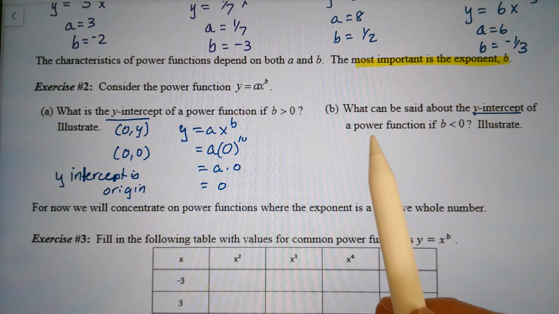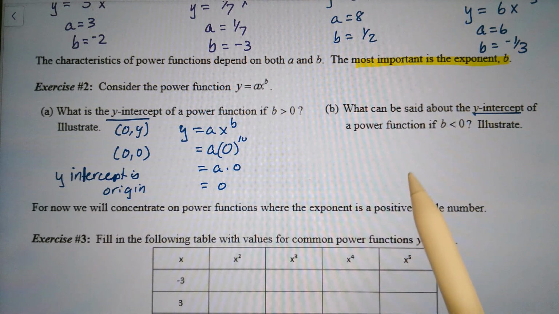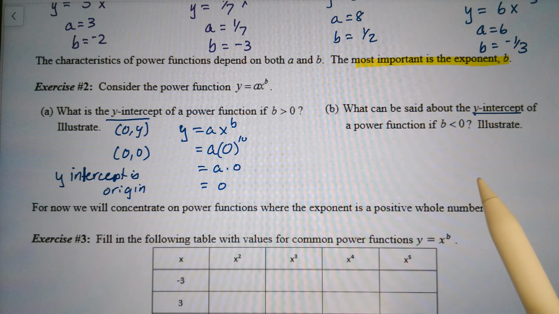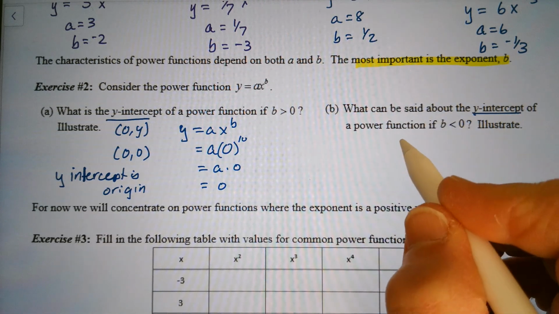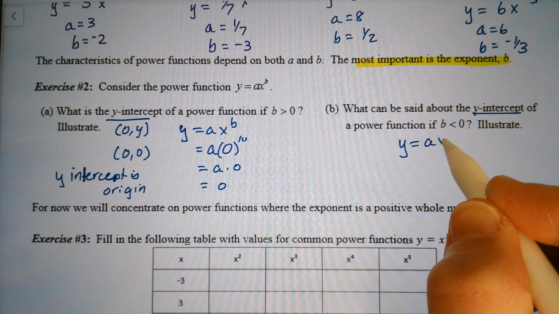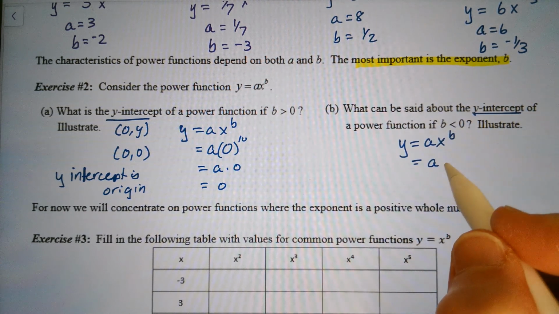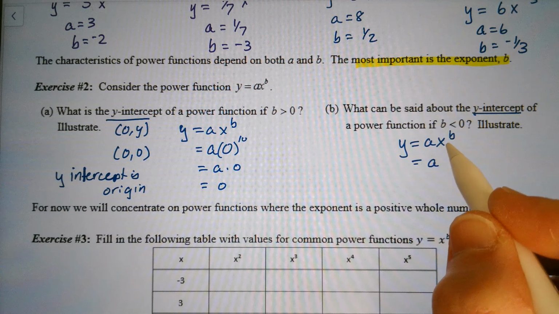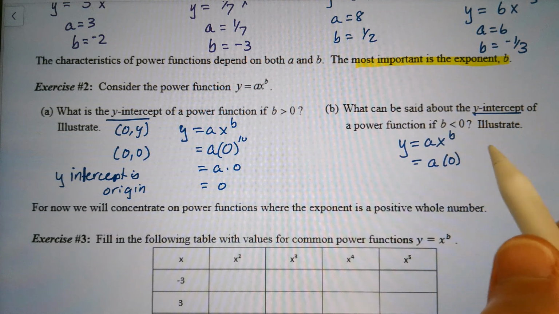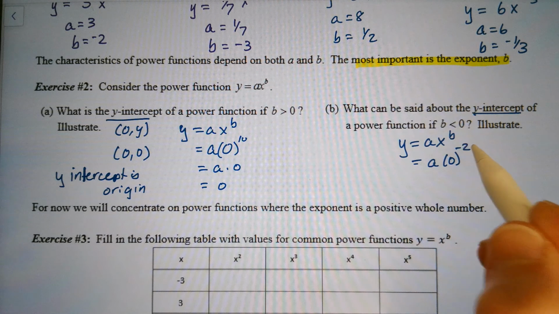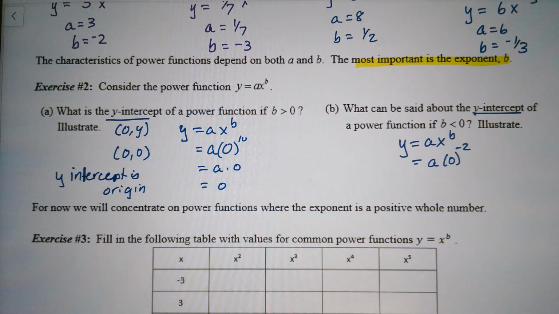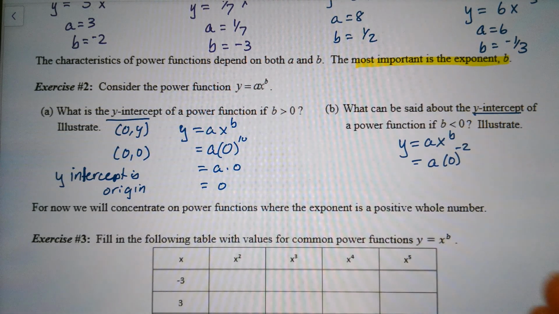What can be said about the y-intercept of a power function if b is less than 0? We're still looking for the y-intercept, so we replace x with 0. And let's say I put negative 2, or negative 1, or negative 10 in for b.